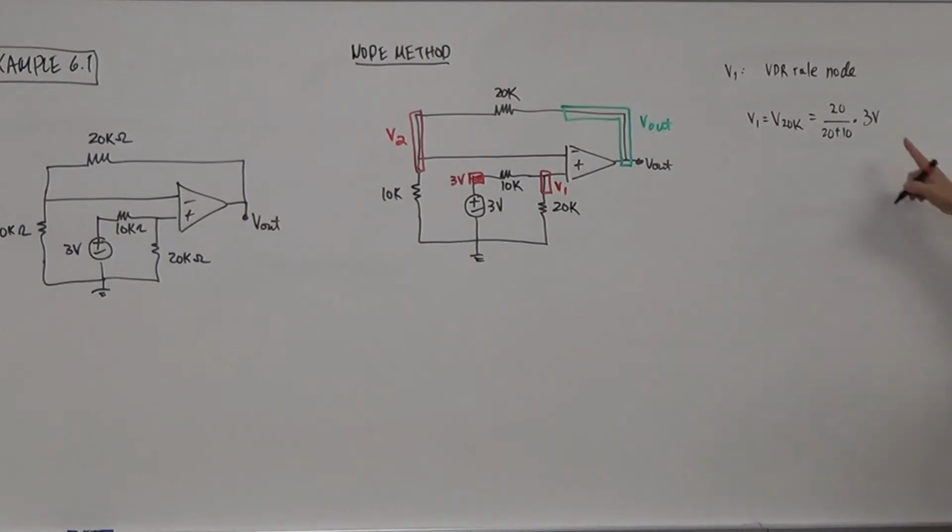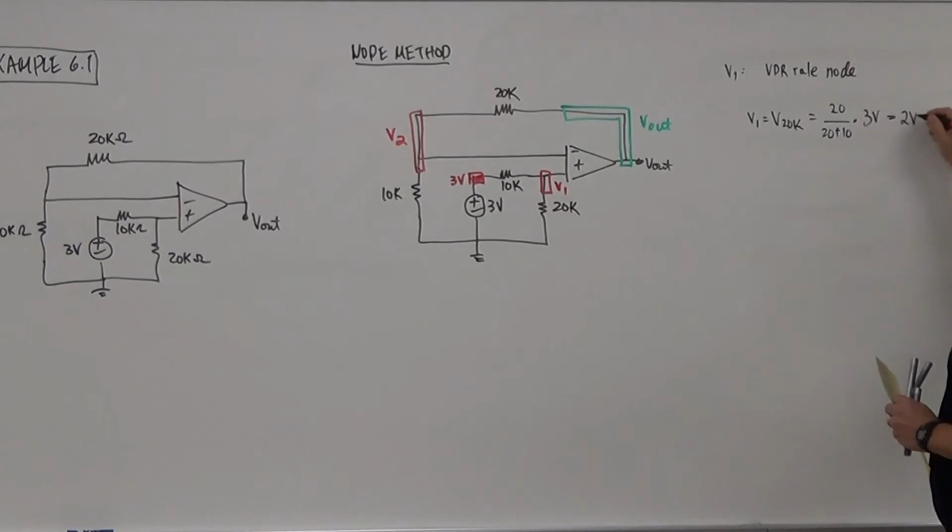This is 30 to 3, so that's a 10, and 10 into 2 gives me 2 volts. So immediately I get that V1 is 2 volts.